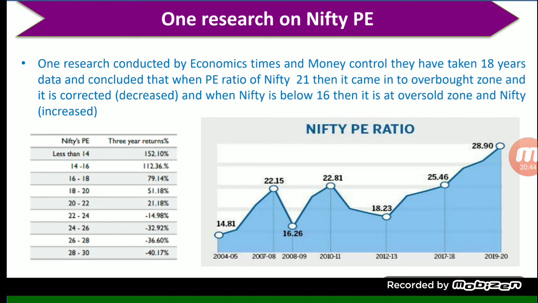Here you can see in the first table, when Nifty P/E is lower, that is less than 14, the highest return is given by the Nifty. If it is between 14 to 16, the 3-year return given is 112%. And when the P/E ratio is higher and higher, the returns given by the Nifty are decreasing.